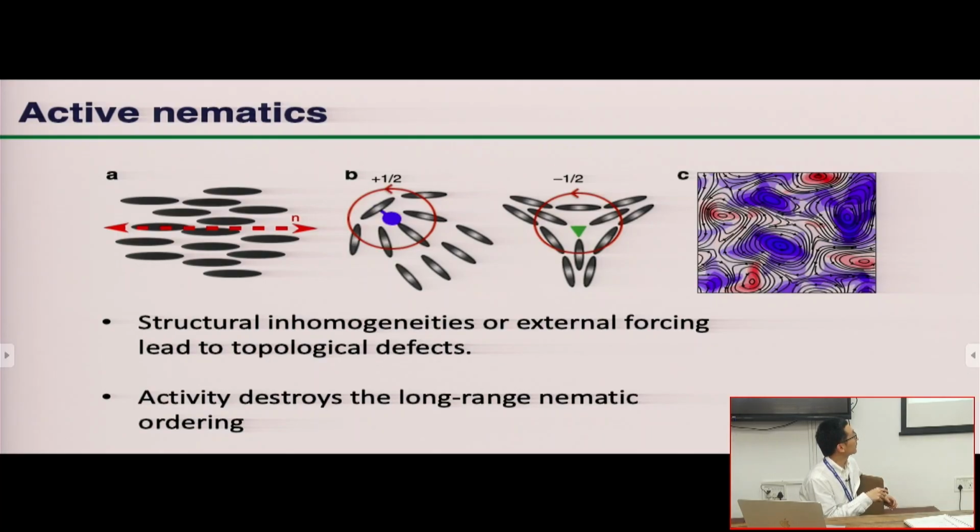In the middle, you have a director n for each particle. It's nematic, which means n and minus n have no significance. It's front-back symmetric, like an ellipsoid, right? So n is equal to minus n. Nonetheless, you have a director that tells you which direction it is pointing. If you look at this green location here, there's no well-defined director at that point. You can't define it.